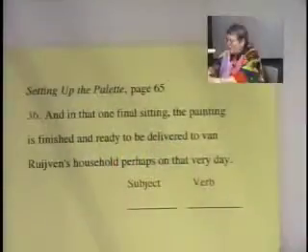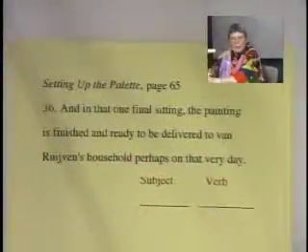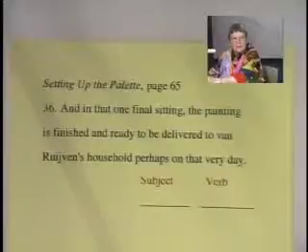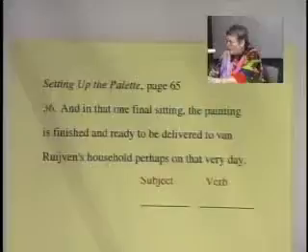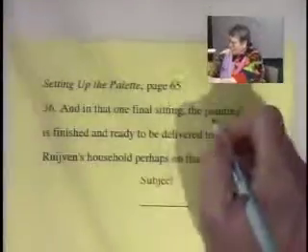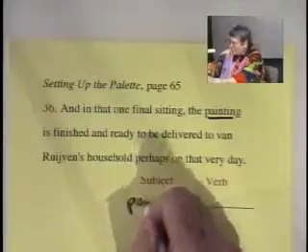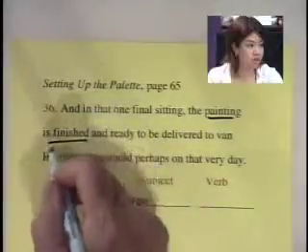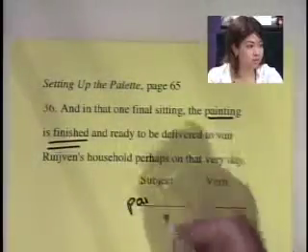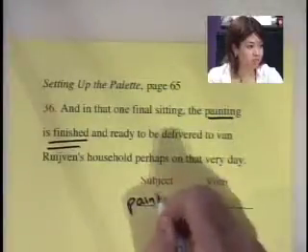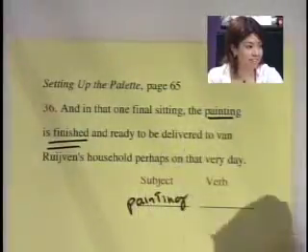And in that one final sitting, the painting is finished and ready to be delivered to Van Riejwen's household, perhaps on that very day. Amy, where's the subject? Painting. Where's the verb? Is finished. Is there any other part of that verb? Ready.